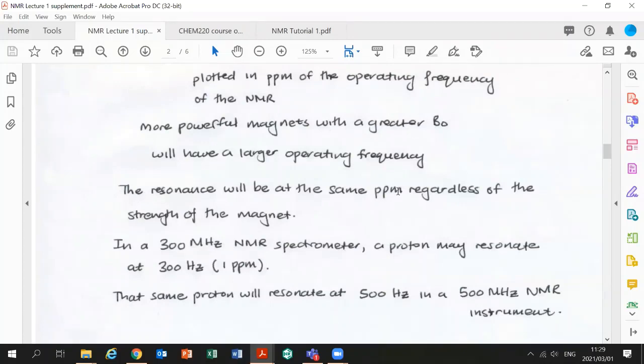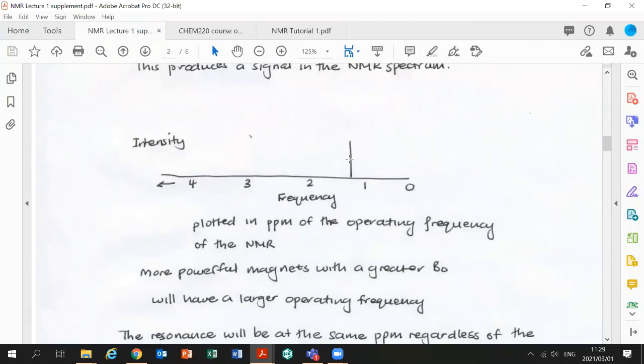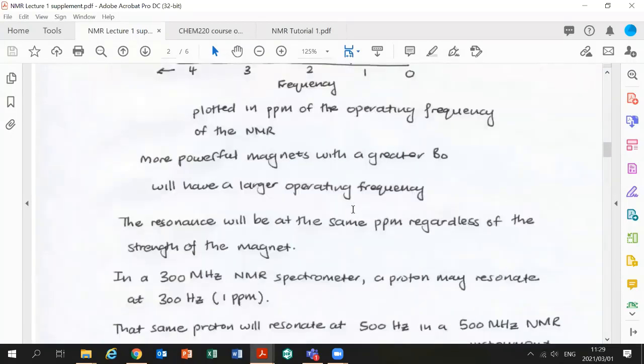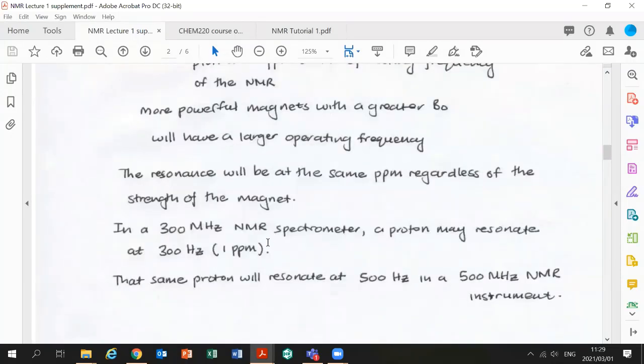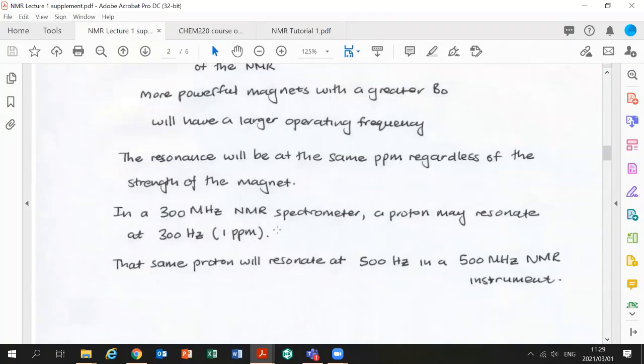But regardless of how big the magnet is and how powerful the magnet is, this resonance is going to be the same, right? Because with a bigger magnet, we're not going to see a change in the relative energy that's needed. If the magnet is bigger, you're going to need more energy to flip the spin.